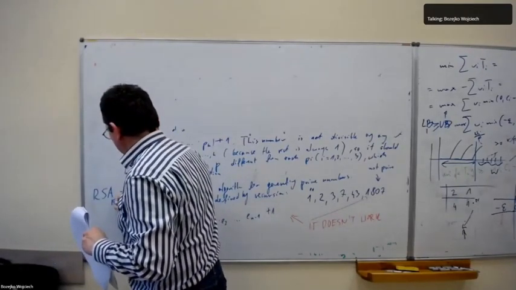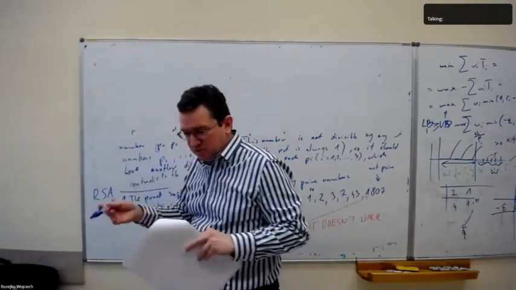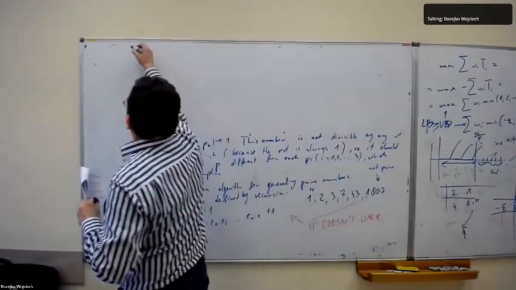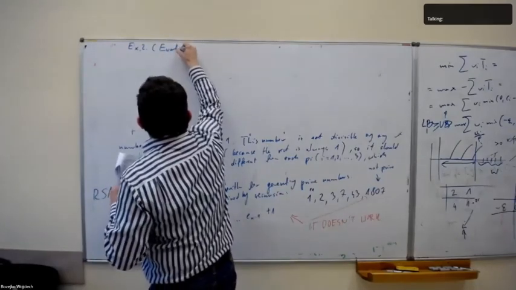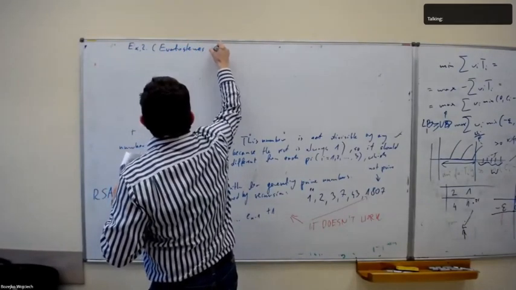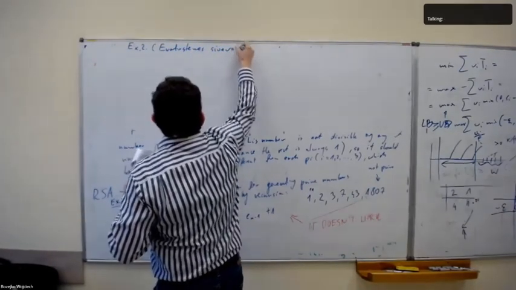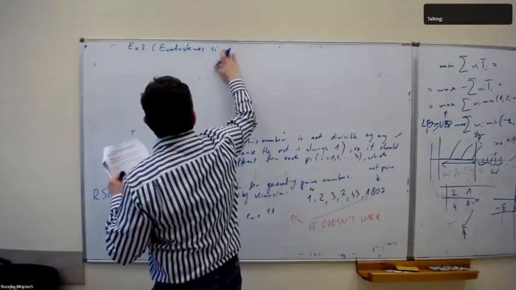Approach one, a negative example in this sense: it doesn't work. Example two, Eratosthenes sieve.